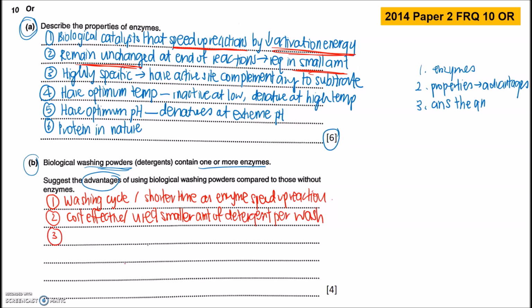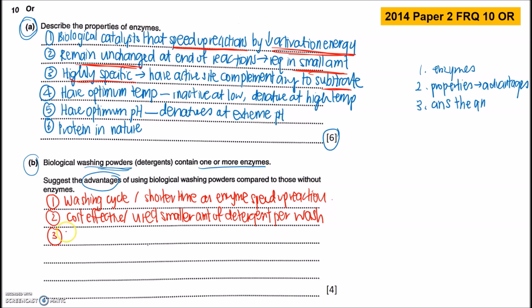Looking at point 3, it says that enzymes are highly specific, so they can only bind to certain substrates. Now, how would this apply to washing powders? Normally when we wash clothes, we're trying to remove specific stains. Having enzymes will actually be better than normal detergents because what normal detergents do is it's just soap. Then they try to immerse the entire stain with soap and then try to get it to dissolve in water, but they're not really breaking it down.